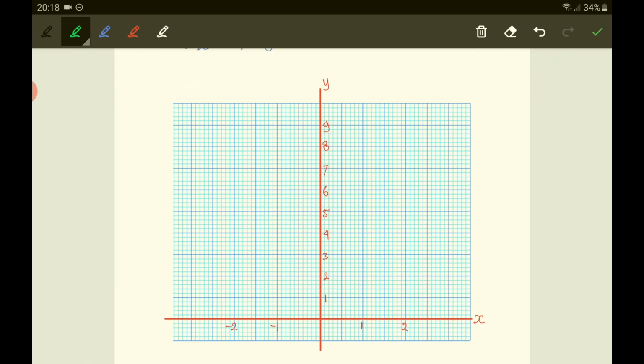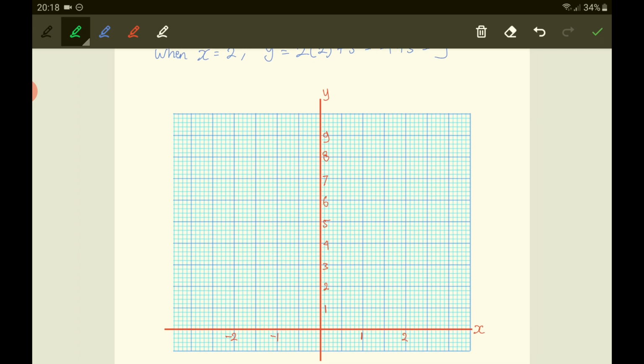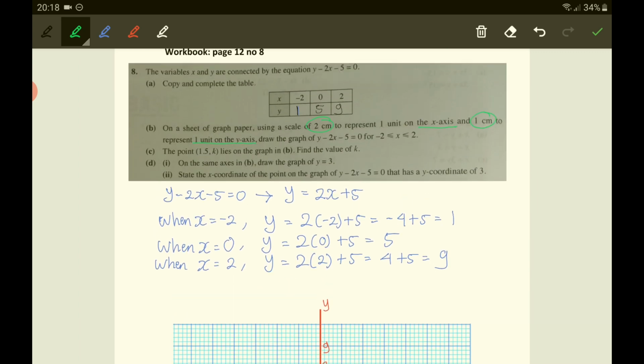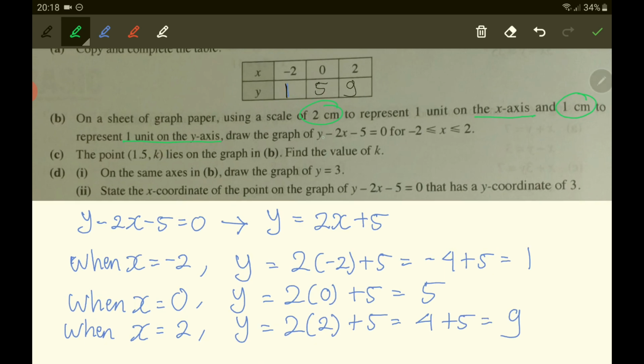This is the scale, and this is the Cartesian diagram. So we just need to draw the graph of y minus 2x minus 5 equals 0. For minus 2 to 2, this information is just telling you that the range of x is from minus 2 until 2. So that's it. Then let's try to draw.